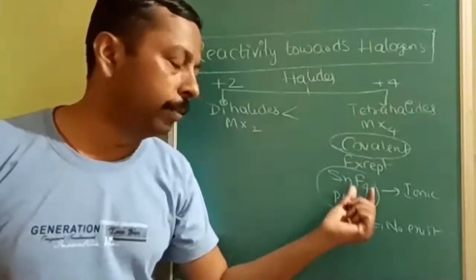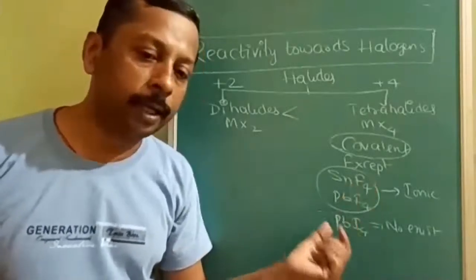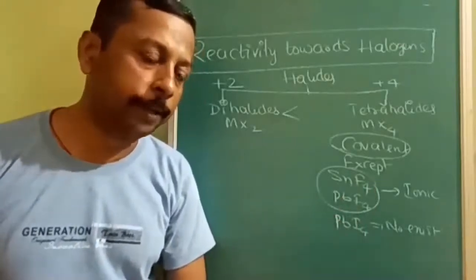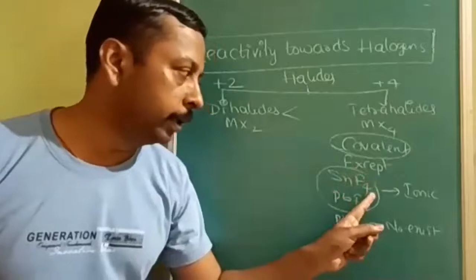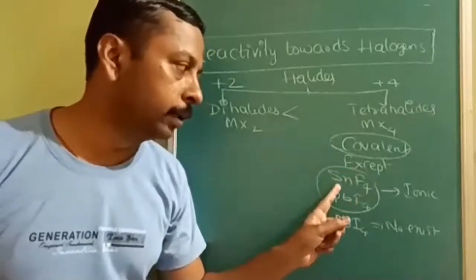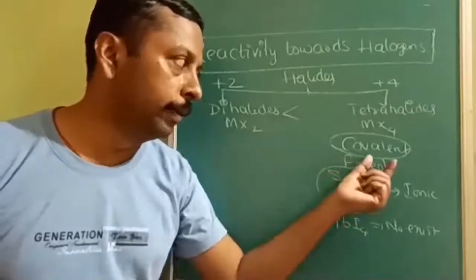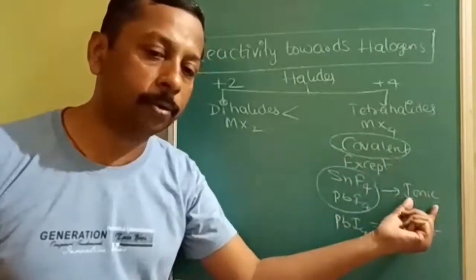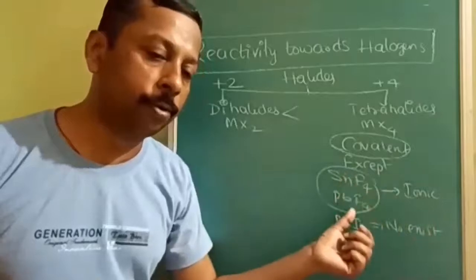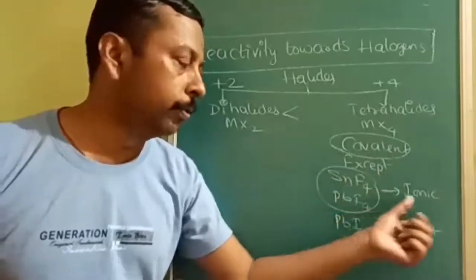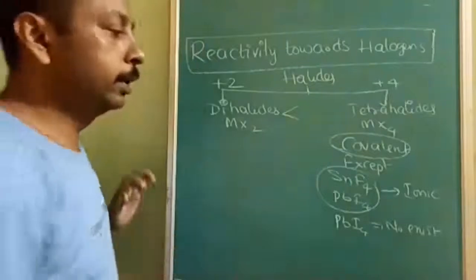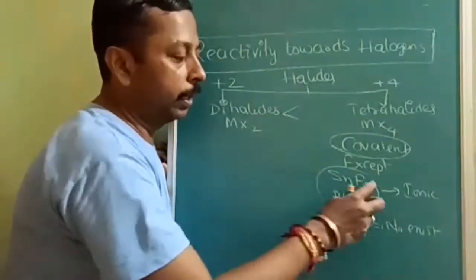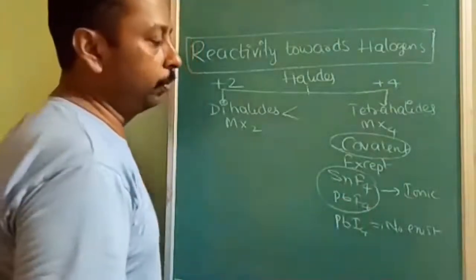Second, fluorine is smallest. So smaller the anion, less will be the polarizability. Here polarizability is less, here polarizing power is less, therefore polarization will be less, covalent nature will be less, ionic nature will be more. That's why SnF4 and PbF4 should be ionic. Okay, is it understood? Due to less polarizing power of tin and lead and less polarizability of fluorine, it is ionic.